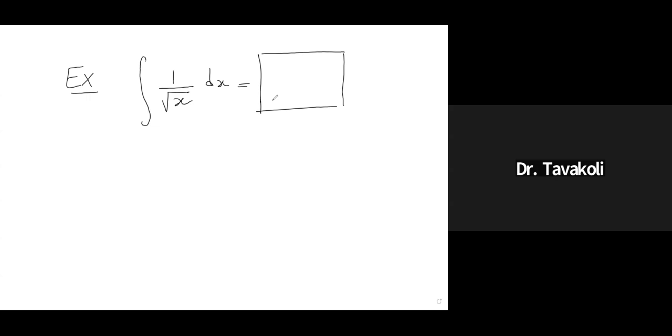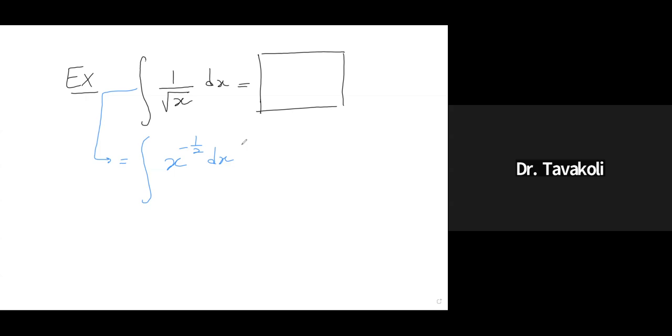Okay, so as we know from basic algebra, radical x is x to the power of 1/2, but here we have 1 over radical x. So 1 over radical x is x to the power of minus 1/2. The reason that we need to write 1 over radical x as x to the power of minus 1/2 is to use the power rule.